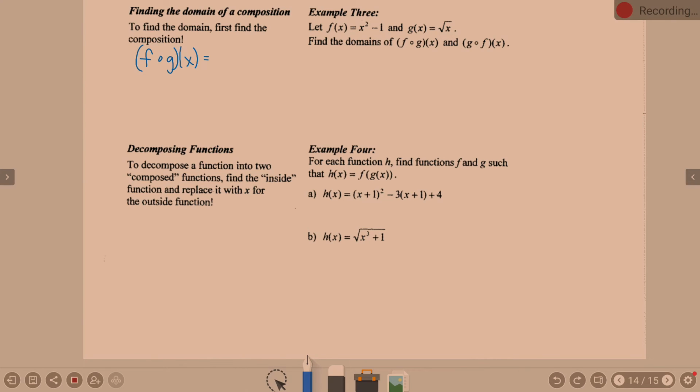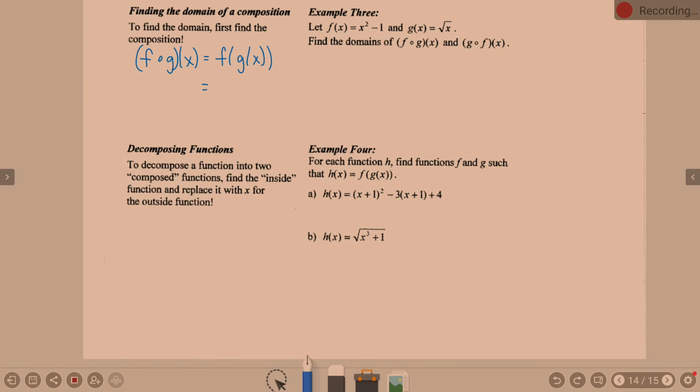F composed with G of X, which I try and keep the habit of rewriting as F of G of X. G is going into F. So G, what's G?